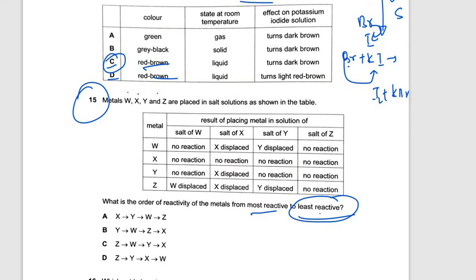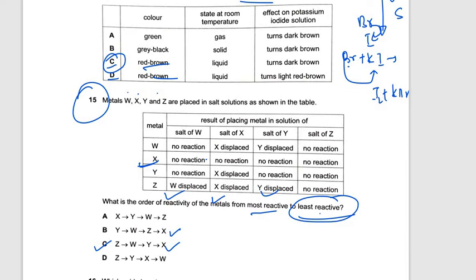Now in this question they are saying arrange from most reactive to least reactive. So let's see how to figure out the least reactive. If you look at all the options, all of them show no reaction, it means X is the least reactive. So now either B or C, one is done. Now you have to figure out which, since there is a reaction and displacement. W is displaced, so Z is above, so only C is the correct option.